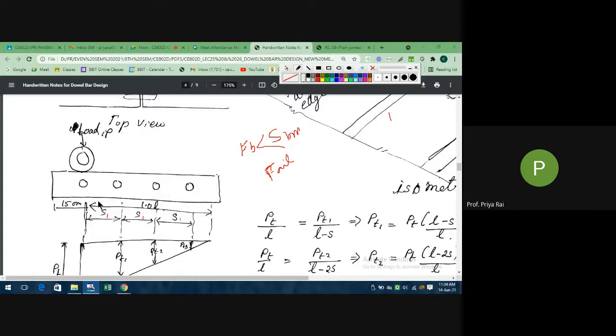If we provide only 4 dowel bars, they will not be able to transfer that amount of load, for which the whole design will fail. So what can we do now to increase the strength, to convert this FB into SBM?